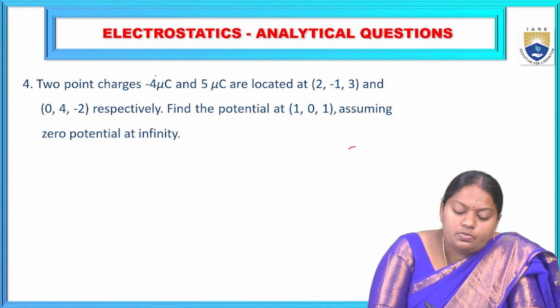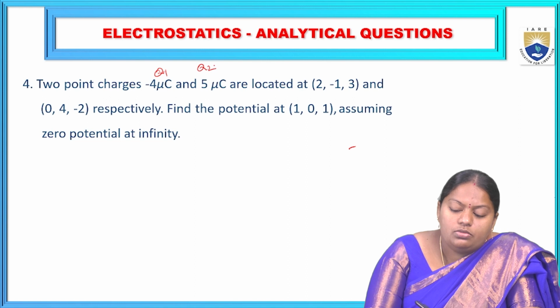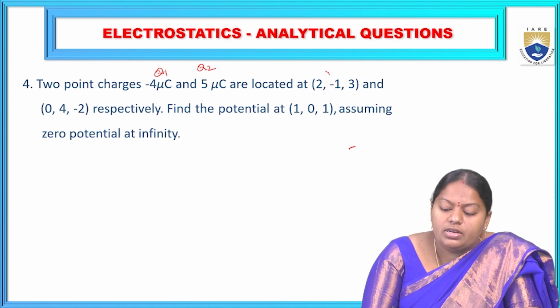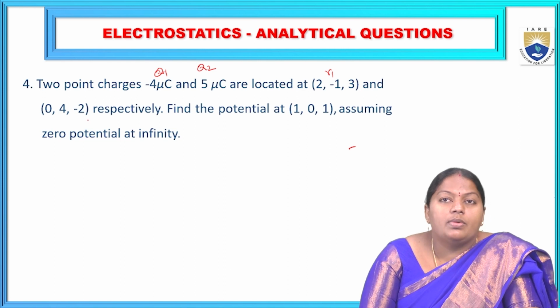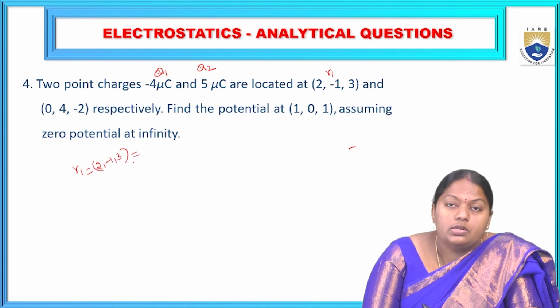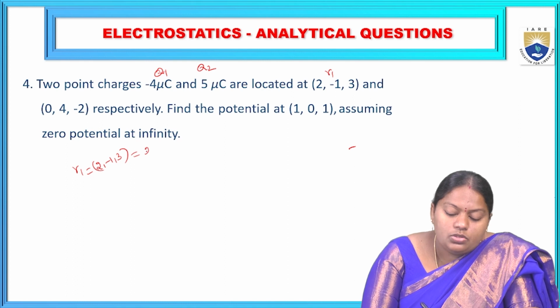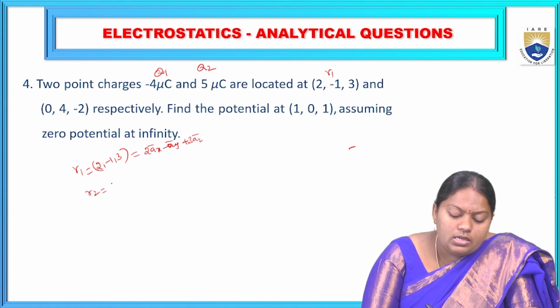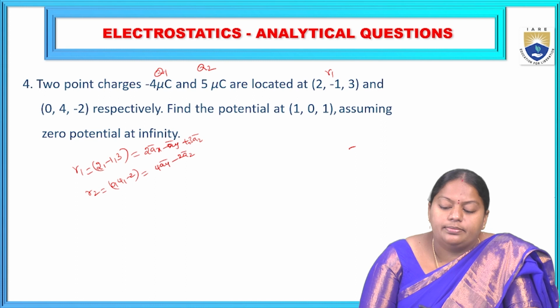So Q1 and Q2 are given, R1 is (2, minus 1, 3), which can be written as 2AX minus AY plus 3AZ, and R2 is (0, 4, minus 2), which can be given by 4AY minus 2AZ.